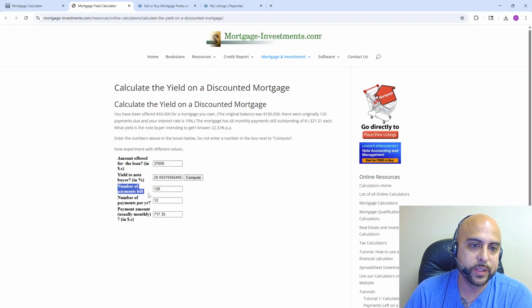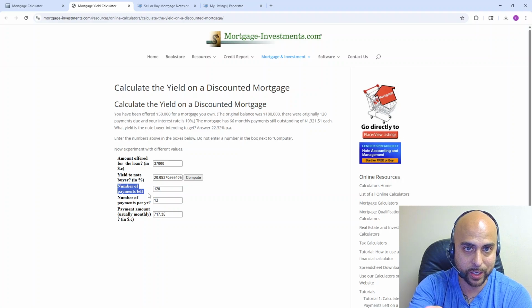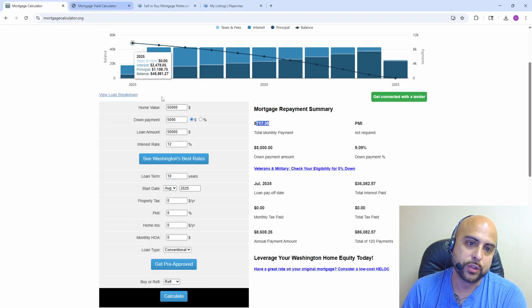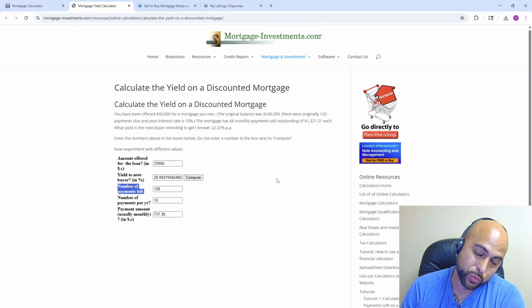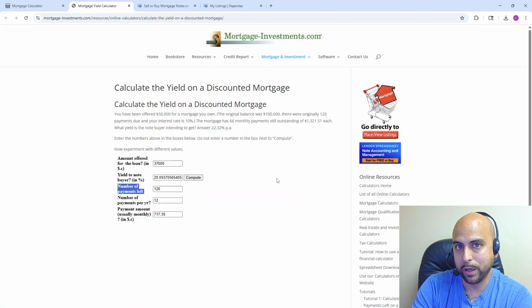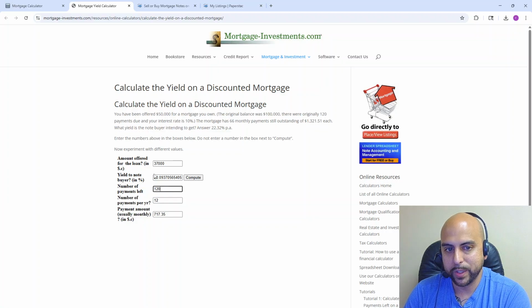And the number of payments left. If we intend to sell the note right away after we create it, remember I said a 10-year term back here. So 10-year term equals 120 months, and it's one payment per month. So that's how I come up with 120.